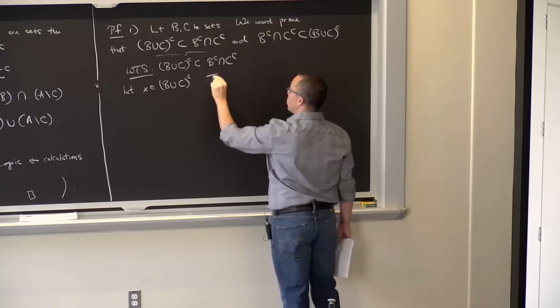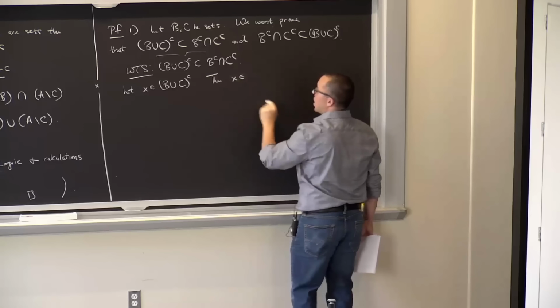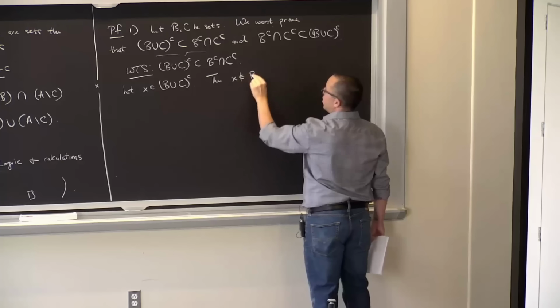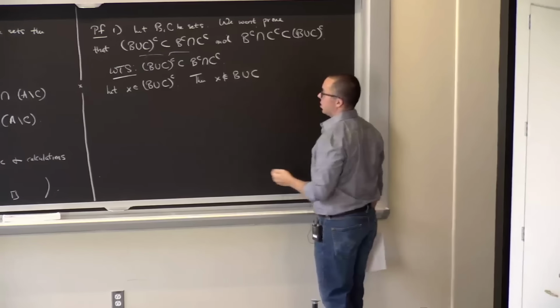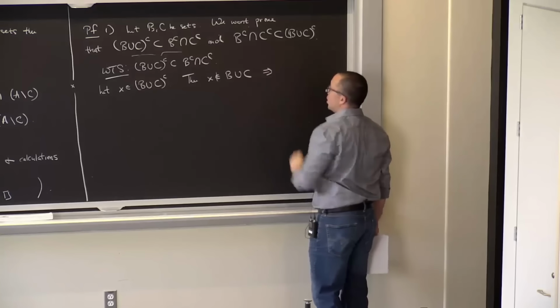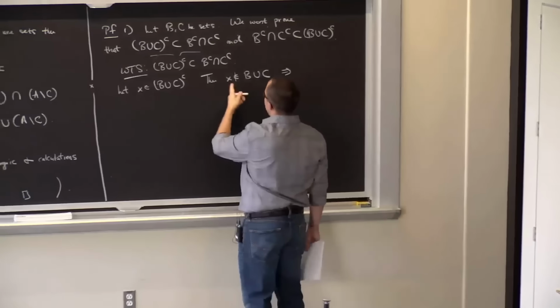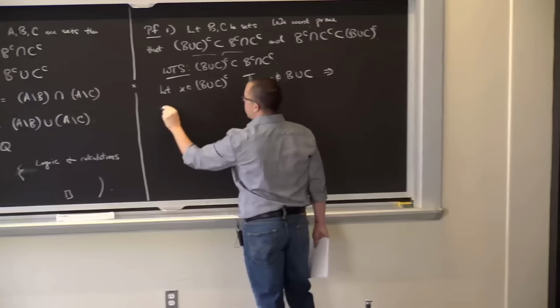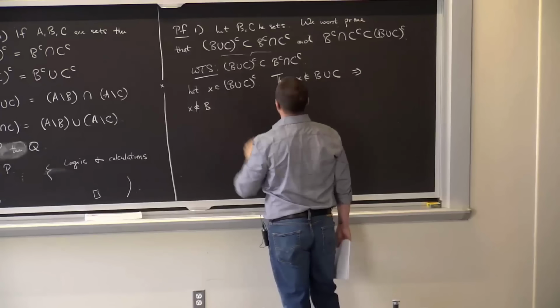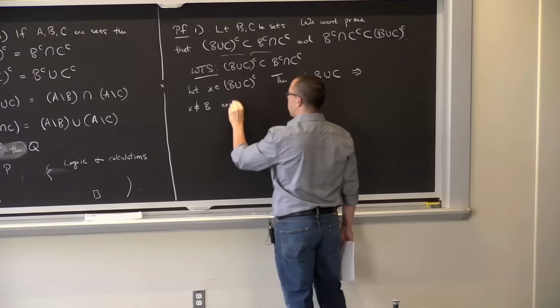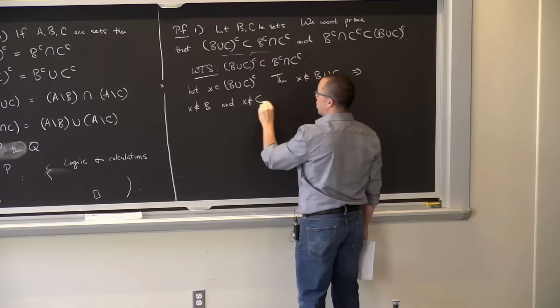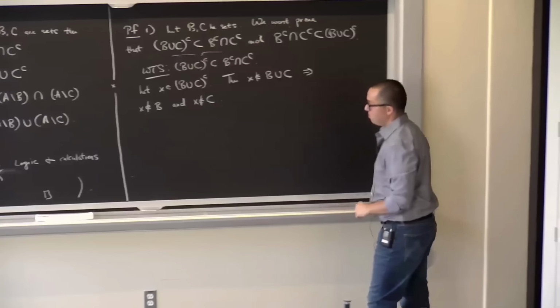And now we're going to trace what this means, and we'll eventually arrive at X is in this. So then X is not in B union C. That's just the definition of the complement. Now X is not in B union C means X is not in B and X is not in C. Right?